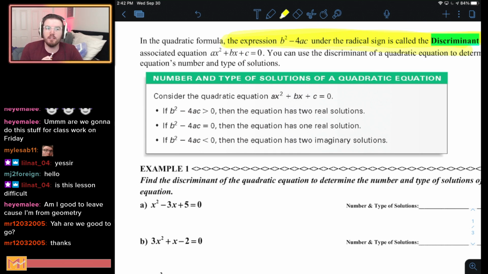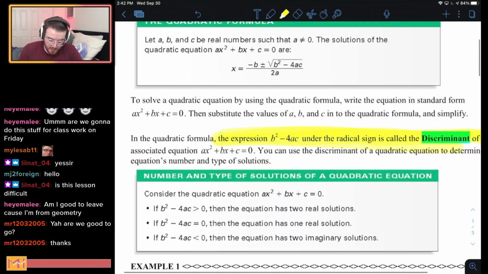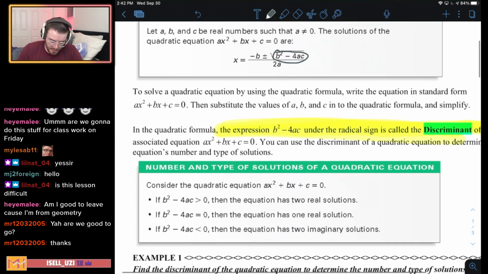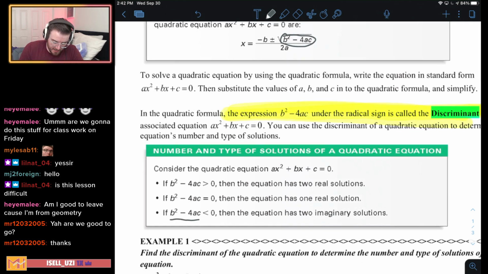We know that when we take the square root of a negative number, we get an imaginary solution. So if the expression under the square root, called the discriminant, results in a negative number, something less than 0, then we get imaginary solutions, because when you take the square root of a negative, you get an i. That's pretty obvious.